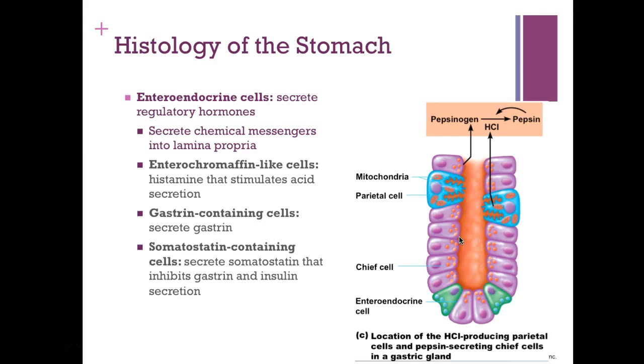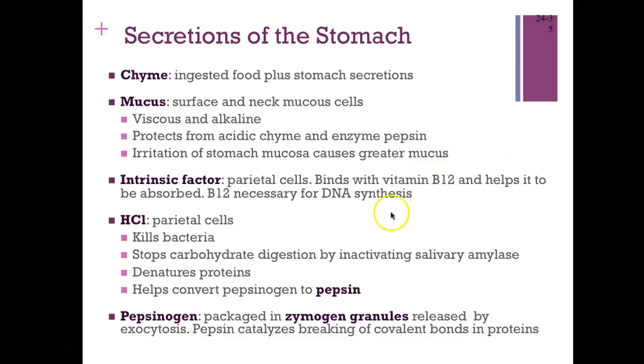Gastrin-containing cells are going to secrete gastrin. Simple enough there. And then we have our somatostatin-containing cells. These are going to secrete somatostatin, which is responsible for inhibiting gastrin and insulin secretion.